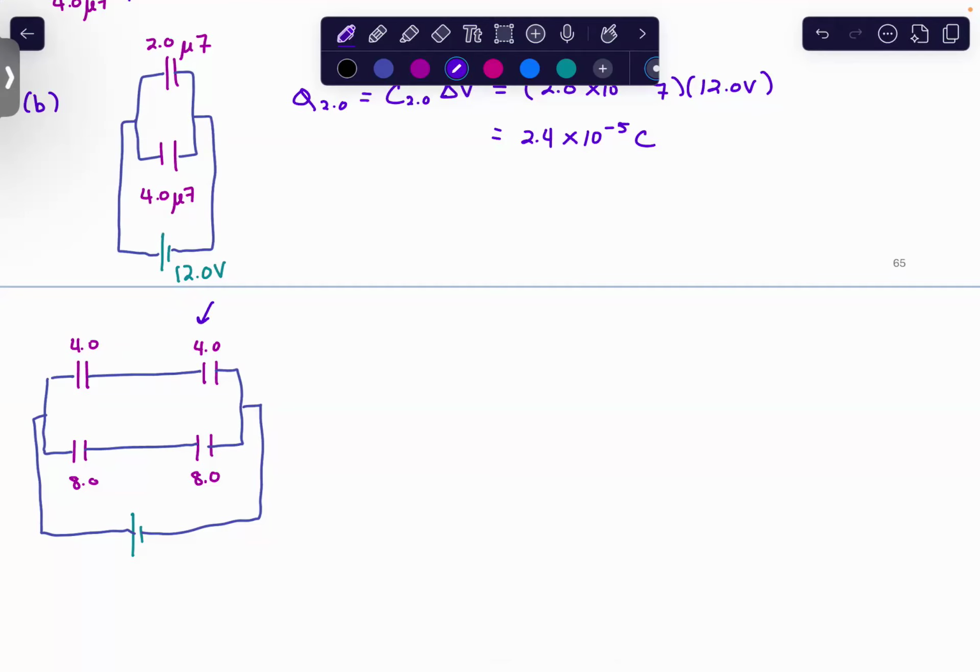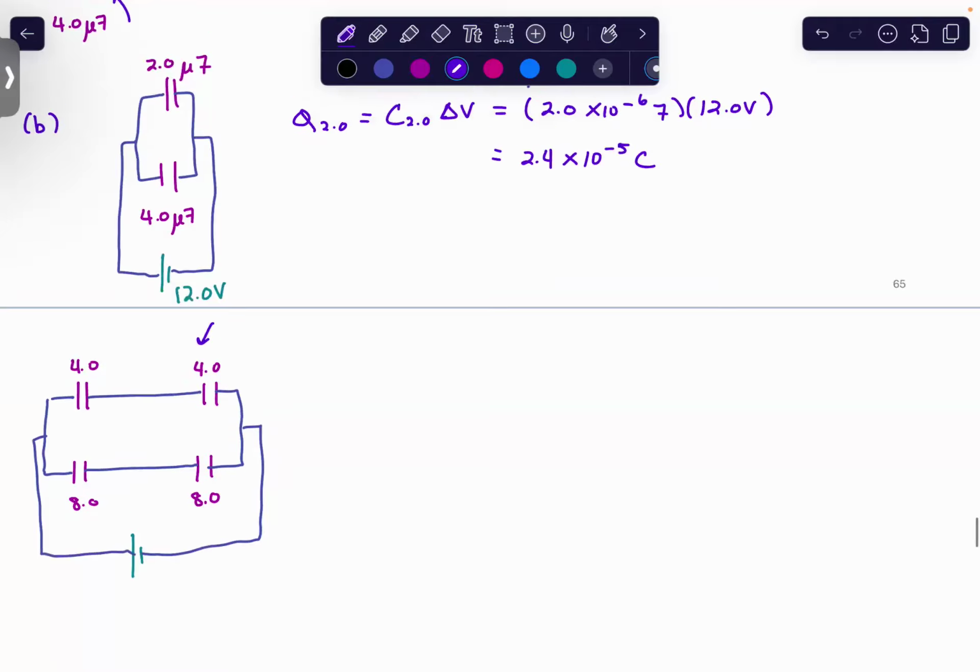What can I say about these two? Same charge. So that 4 microfarad capacitor, I'm going to have to end up spacing it back out. What do I want to calculate that I can then take into the next calculation? Because this one will space into what?